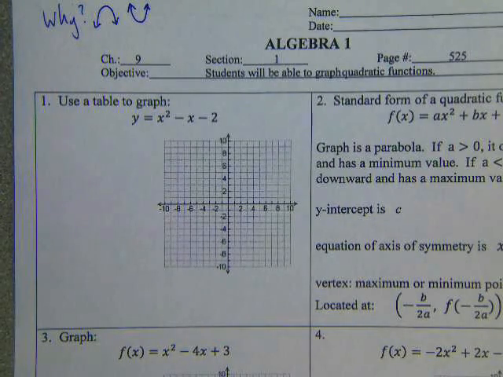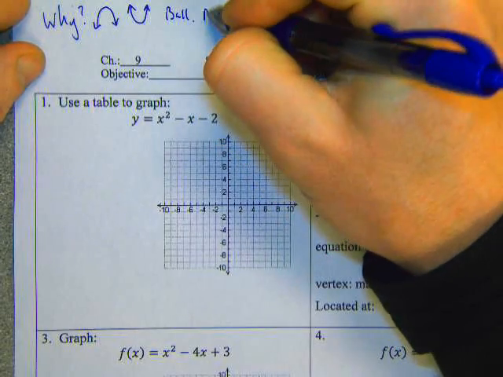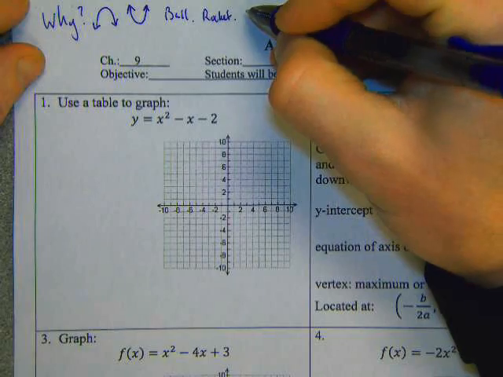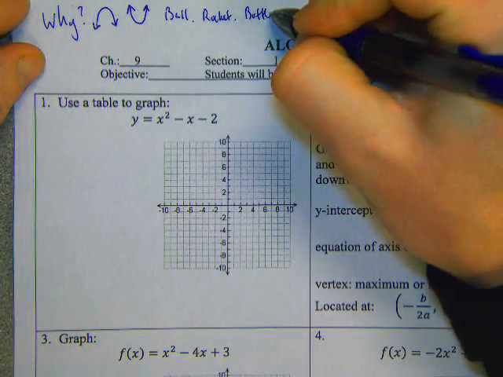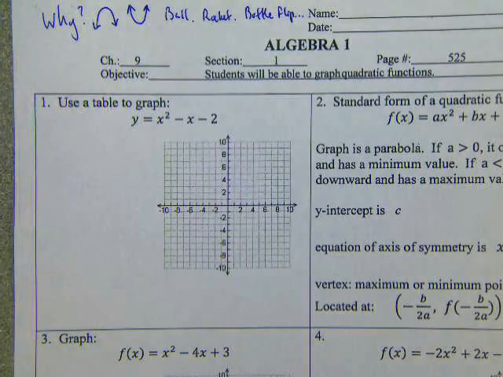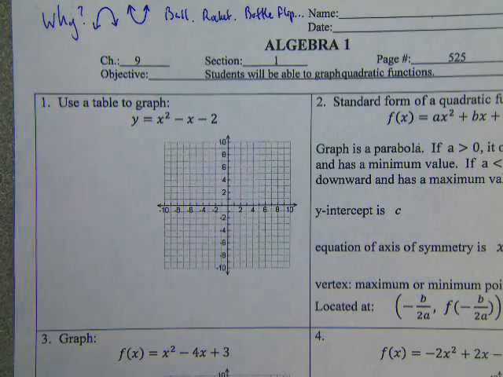The obvious one is projectile motion, like a ball or a rocket. Probably for you guys, like the bottle flip. And then there are applications in electrical engineering and economics and other disciplines as well.